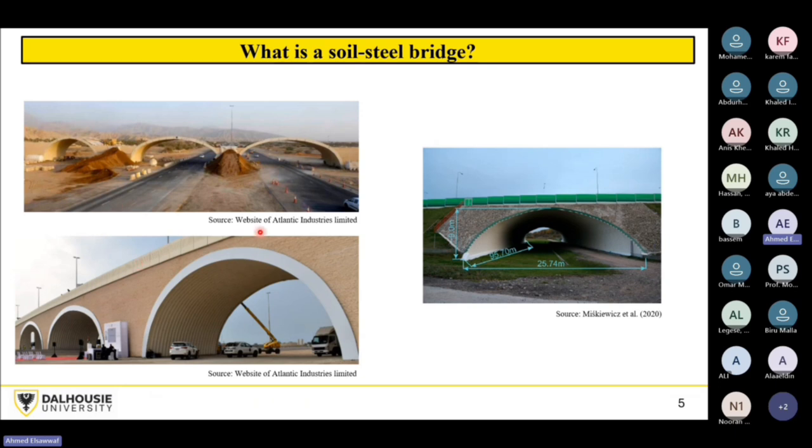This one here on the left is the largest span soil steel bridge. It's in Dubai in the Middle East, and it has a span of 32.4 meters. And this one is the second largest span. It's in Poland in Europe, constructed in 2017, with a span of 25.74 meters.